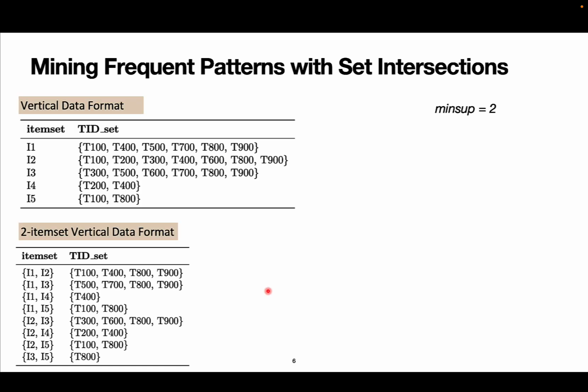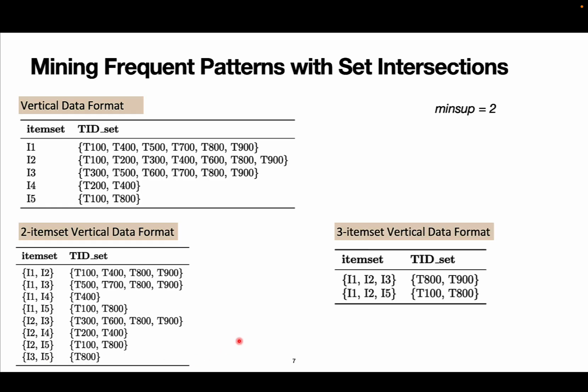Next step, we compute the intersection between every 2 item sets, and we are able to prune 2 sets, I1, I4, and I3, I5. Next, we find the 3-item sets, and we end up with I1, I2, I3, and I1, I2, and I5.